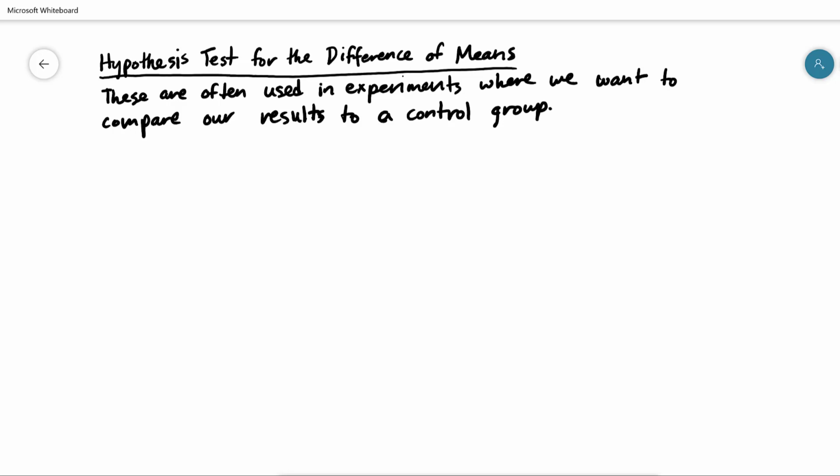So the example that we'll see in just a minute will be taken from the medical field. This is where this type of thing might come up. Maybe we want to test to see whether this certain medication is effective at controlling blood pressure or blood sugar or something like that.